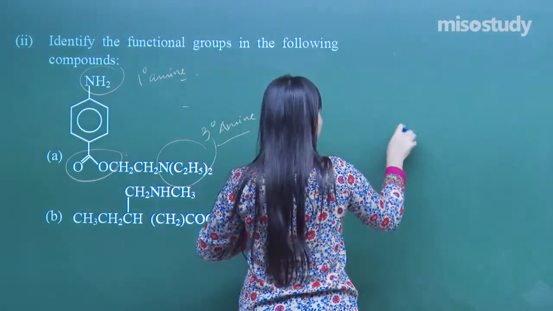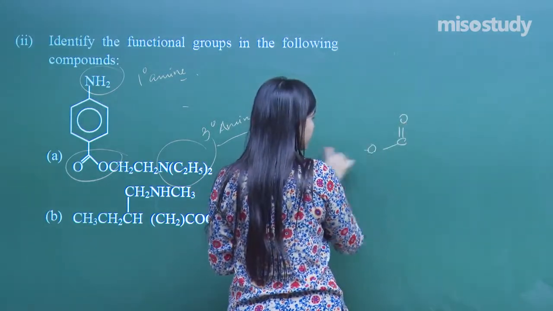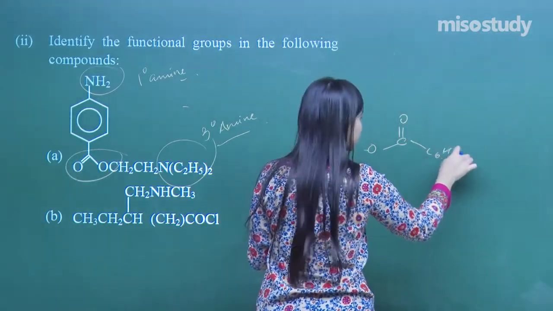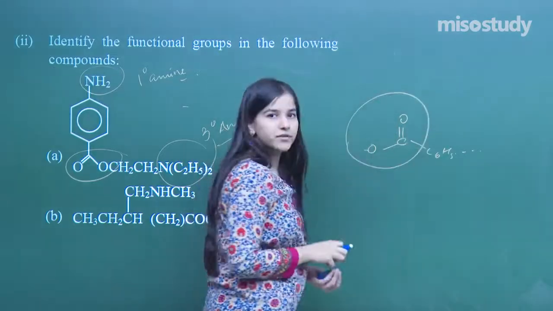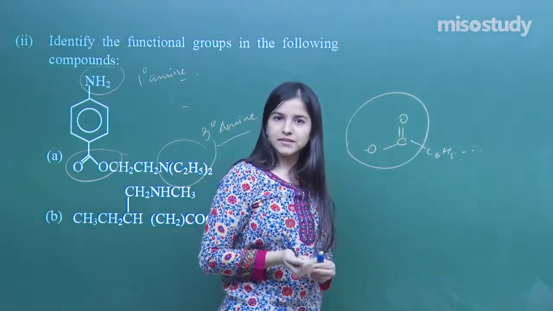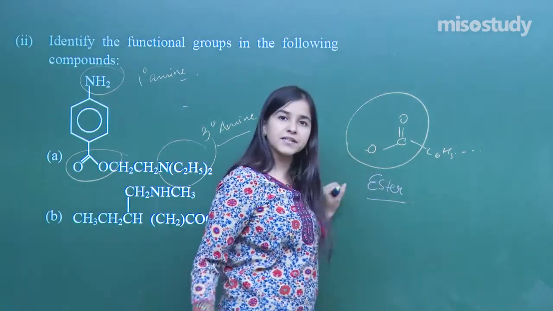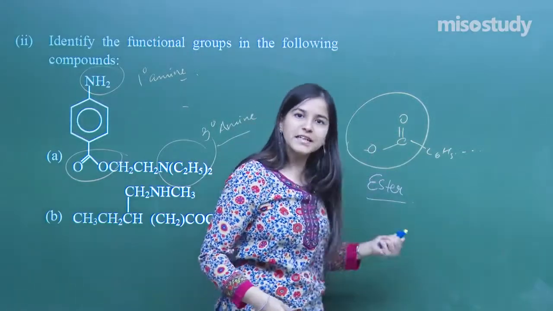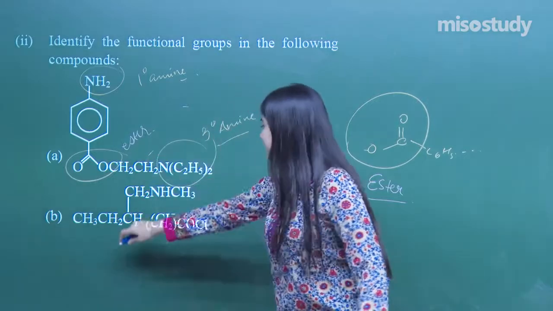It's a carbon which is doubly bonded to O, and this carbon is attached from one side with O, from the other side with the phenyl ring, C6H5, and so on, right? What is this group over here? Tell me. It is the ester. An ether basically has only one oxygen in between and no carbons. So this is the ester group we have. Clear?